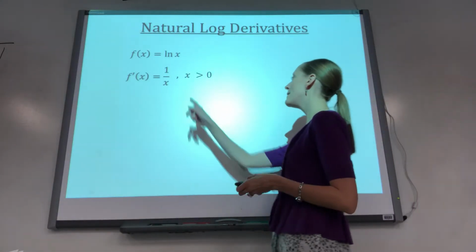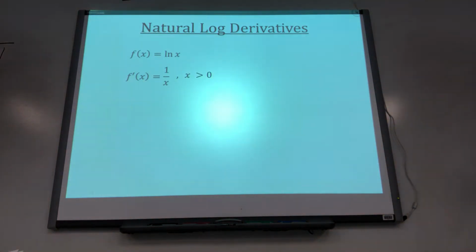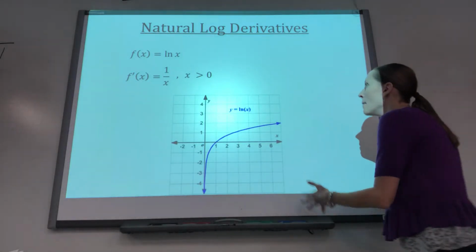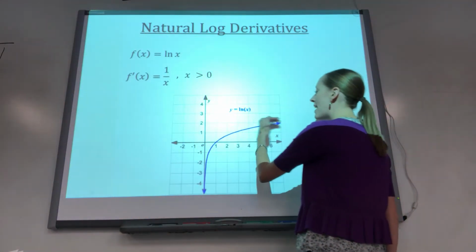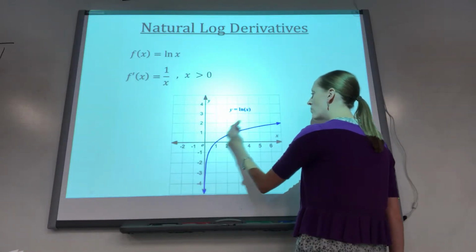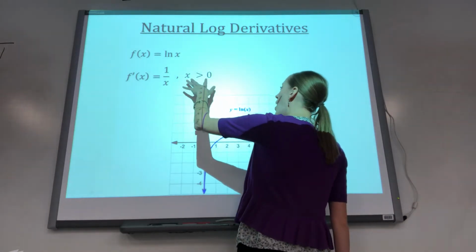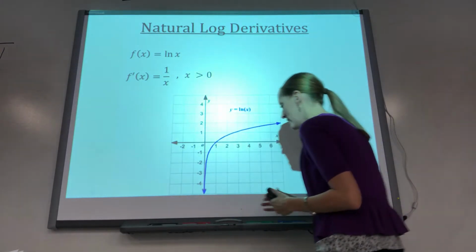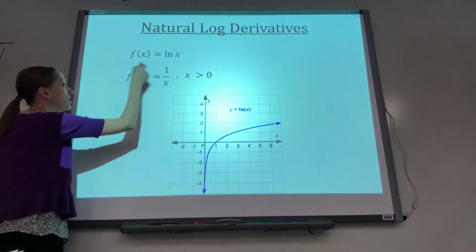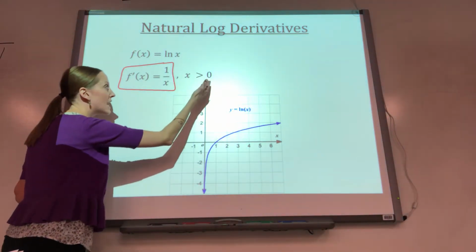Now I'm going to put a little condition out to the side because technically, and you do not have to copy this graph down, but technically with a natural log function, the domain is only good for x's greater than 0. So I'll put that there, but anytime you actually use this derivative, you're not going to have to write that every time.